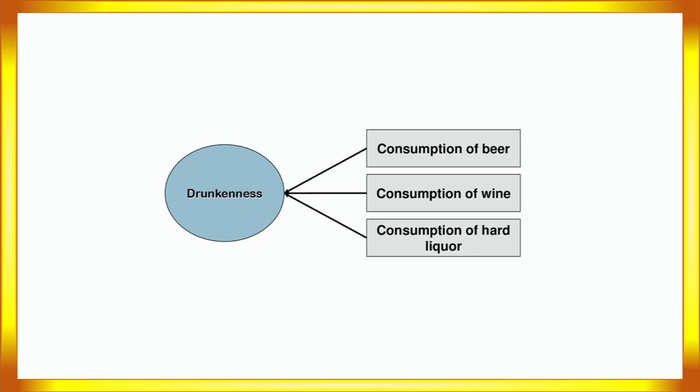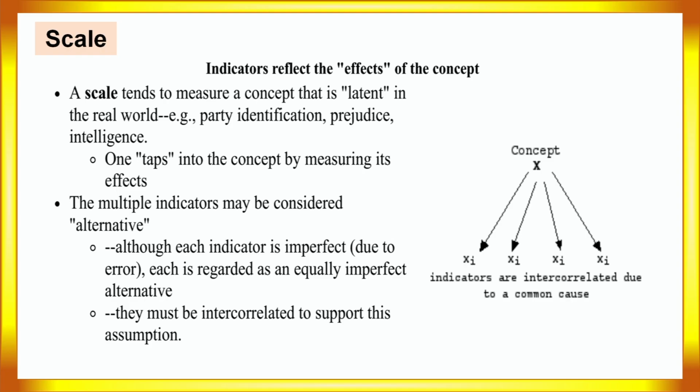Now, if you try to measure the concept of drunkenness this way, by designing the indicators in this way, then it acts like an index. On the other hand, a scale basically measures a particular construct, or mostly a concept which is a construct, that is latent to the real world, meaning you have to derive or estimate it from other observations.